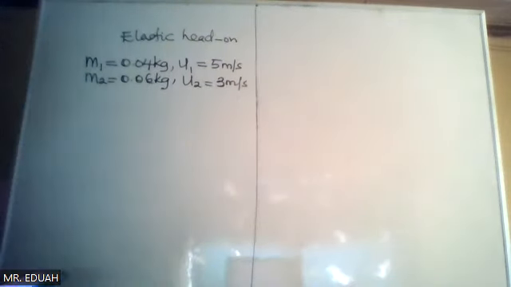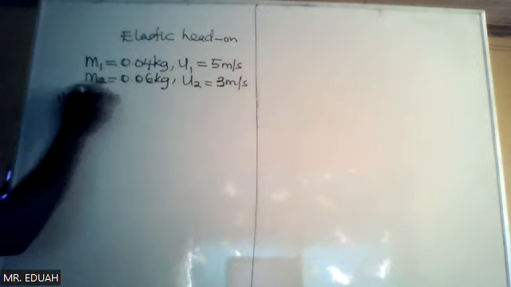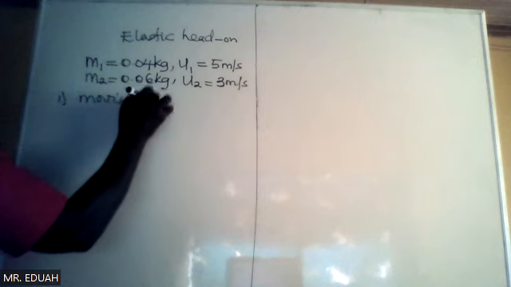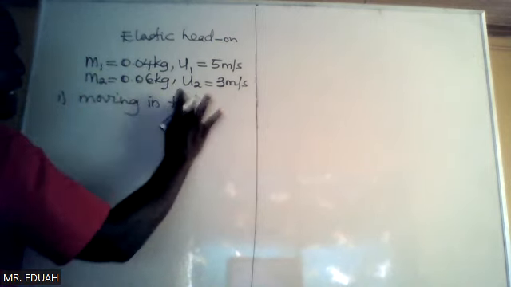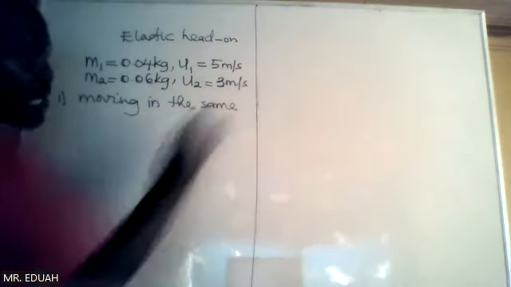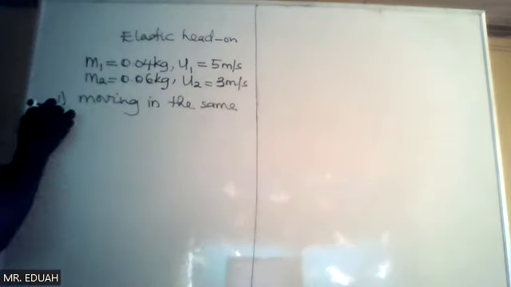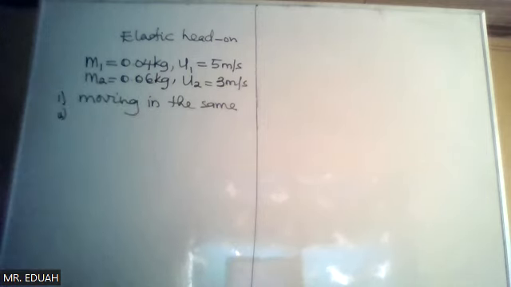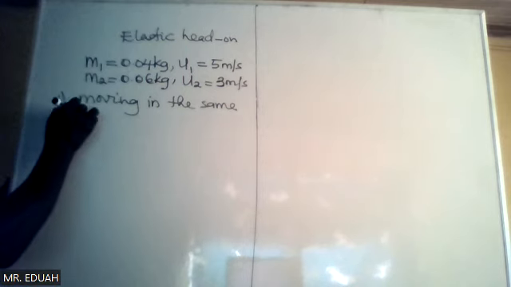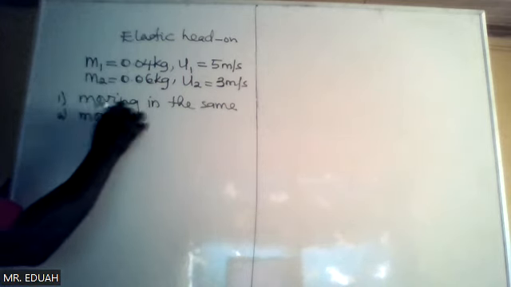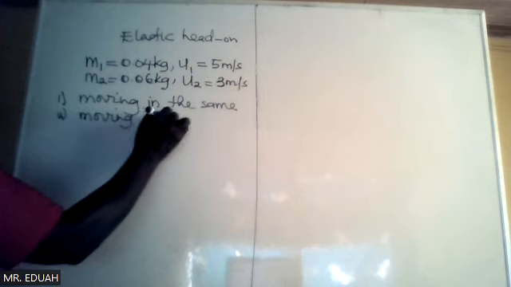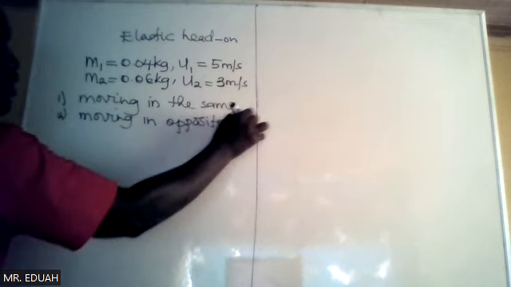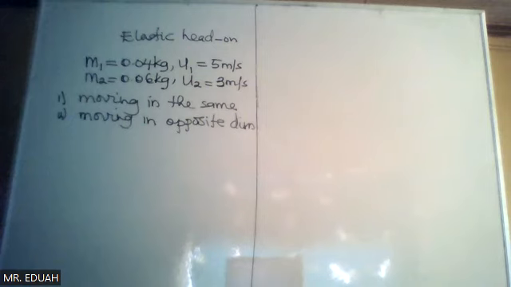You are looking for the final velocities if the two masses are moving in the same direction initially, because the final direction of the bodies you can only get after you found V1 and V2. And if they are moving in opposite directions. So two in one question.